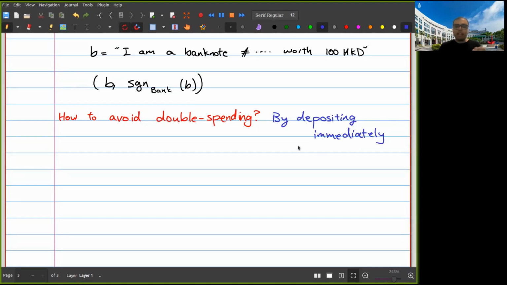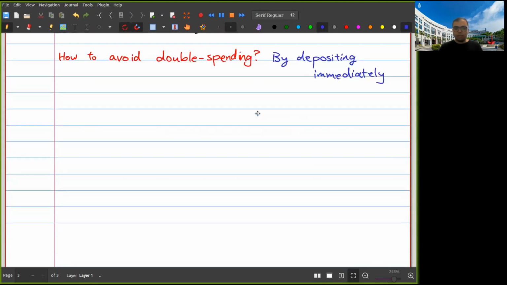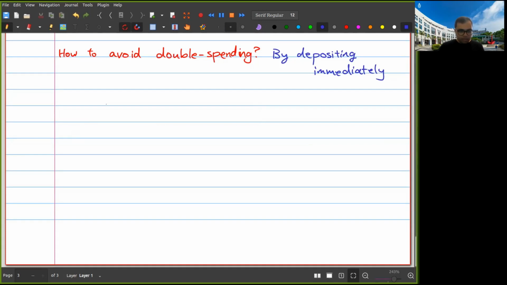And then the bank actually keeps track of the serial numbers of all the banknotes that have been used. So let me actually just put my bank here again. So there's this bank, and the bank just has a list of the used serial numbers. And the bank makes sure that any serial number can be used only once.